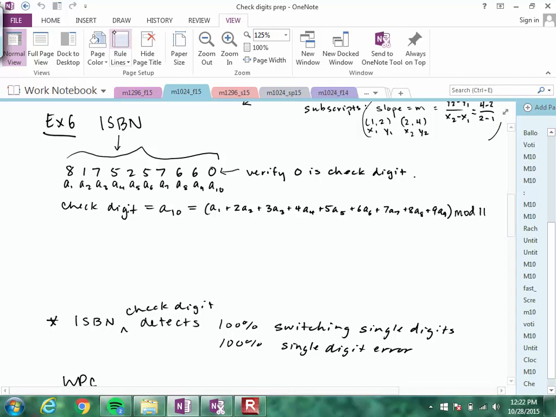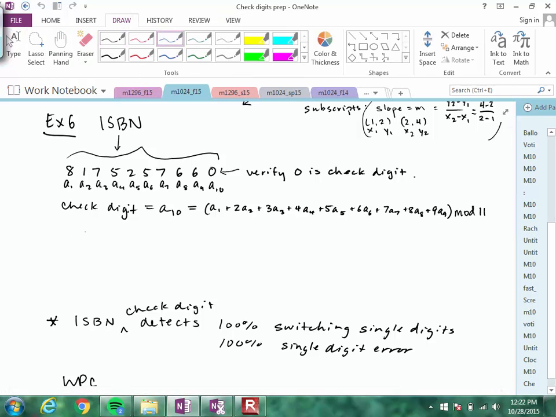Okay, so let's write this out for our example. We have 8 for our first digit, A sub 1, and then A sub 2 is 1, so we're going to take 2 times 1. And then we have 3 times the third digit, which is 7. Then 4 times the fourth digit, which is 5.